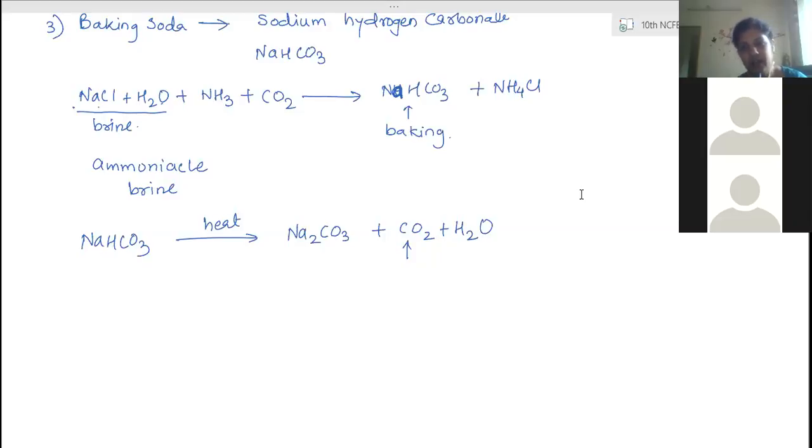Tartaric acid neutralizes the Na2CO3 which might give bitterness. So to remove that bitterness, we use baking powder, not baking soda. Okay, another use of baking soda? Fire extinguishers. It is used in fire extinguishers, right?